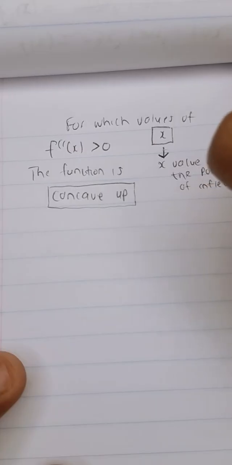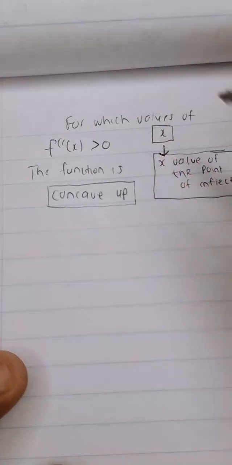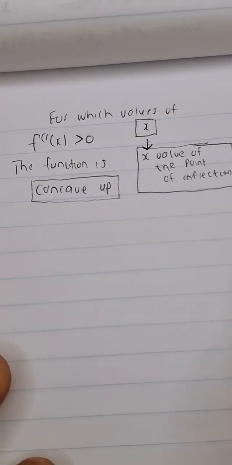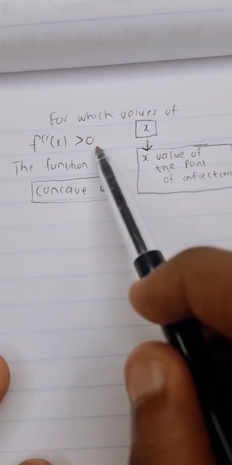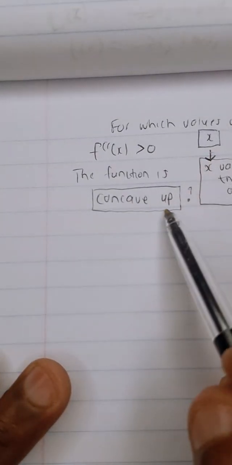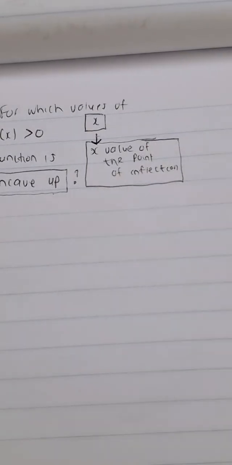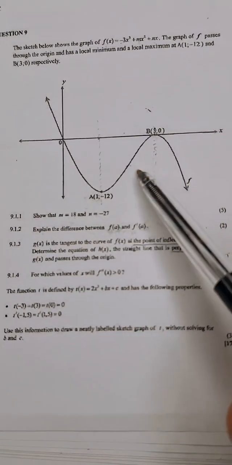That is your frame of reference as you consider for which values of x is f double prime x greater than 0. In other words, where is the function concave up? The x value to consider is the x value of the point of inflection, which you found.